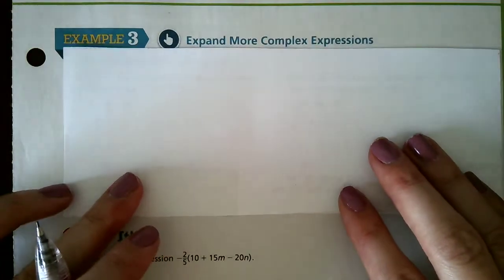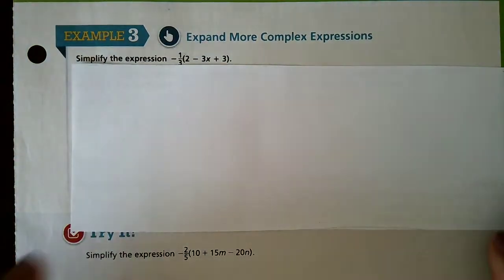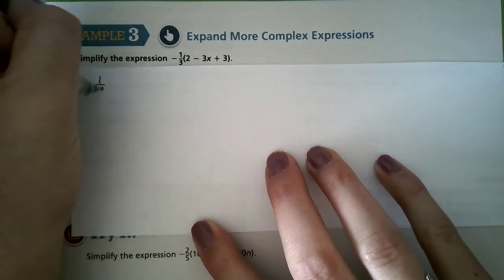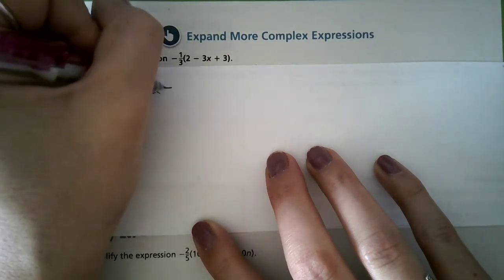All right, one more example that we're going to do together. One more try it, and then we're going to bring it back together as a whole class, okay? So, again, all we're doing here is we're multiplying negative 1/3 times each term.